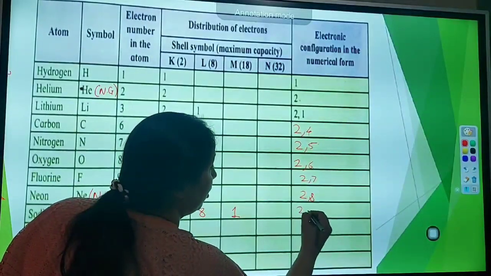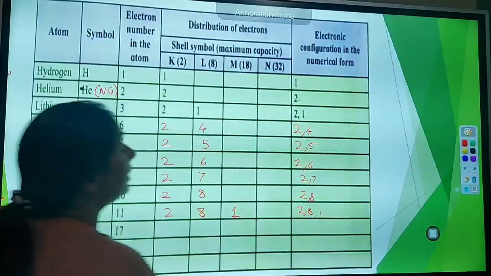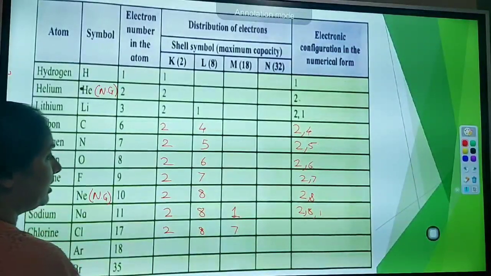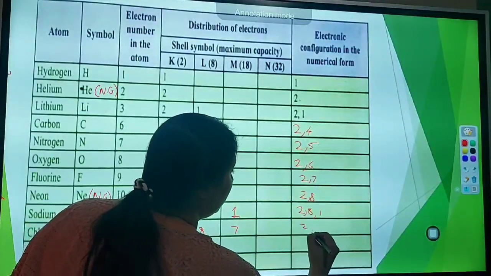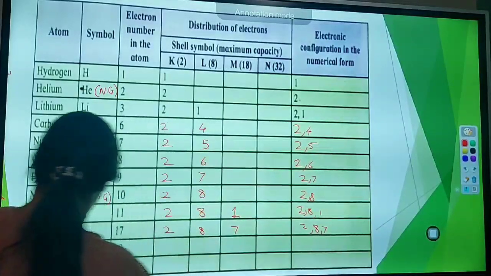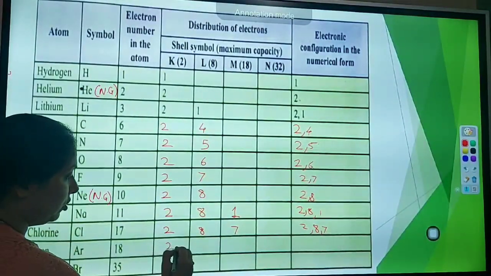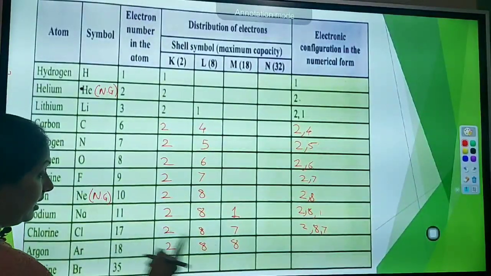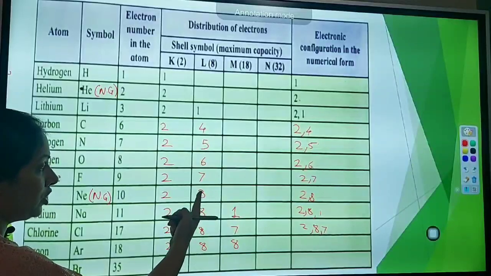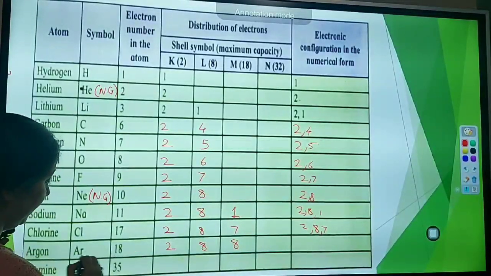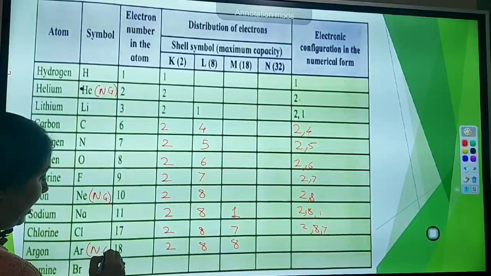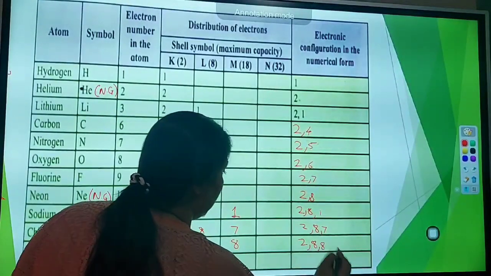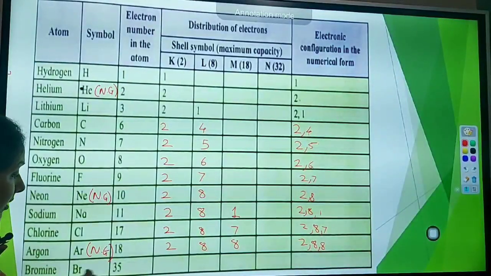So look at the distribution of electrons as per electronic configuration: 2, 8, 1. Argon 2, 8, and another 8, 18. Again the last shell has 8, the last shell has 8. Okay, this is also a noble gas. And 2, 8, 8.